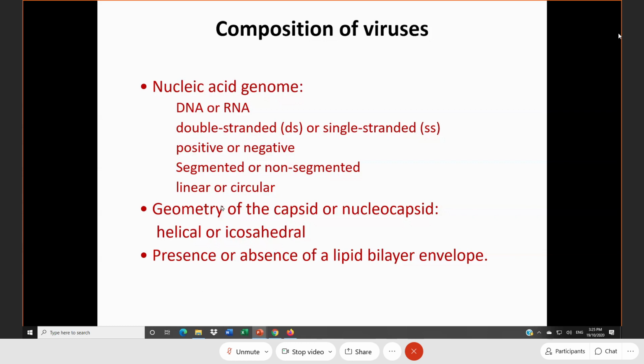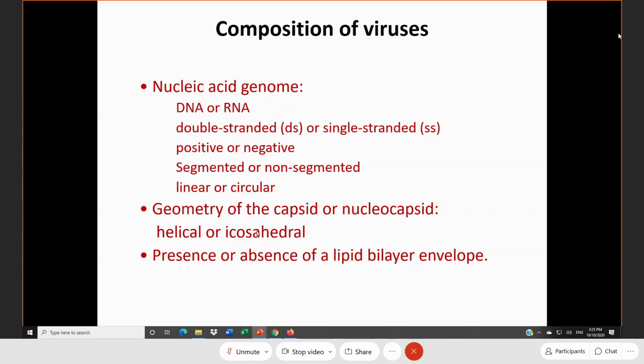And also geometry, the shape of the capsid. This one can be helical. Helical means helix, just like an electrical cable. You can imagine the electric cable, coated by rubber, and inside you can see the copper coil.